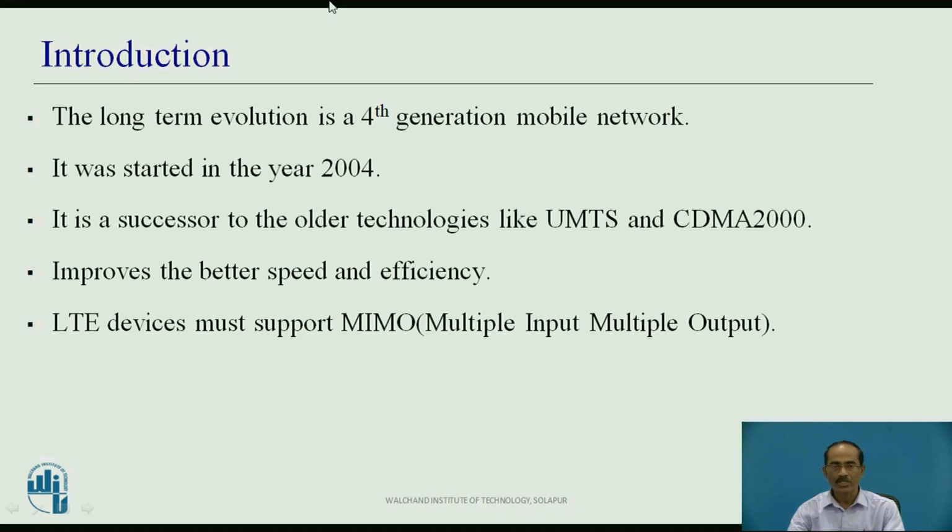Also, UMTS provides higher data rates and improved services like video calling, mobile internet and multimedia applications. But CDMA is code division multiple access and provides 3rd generation mobile network.